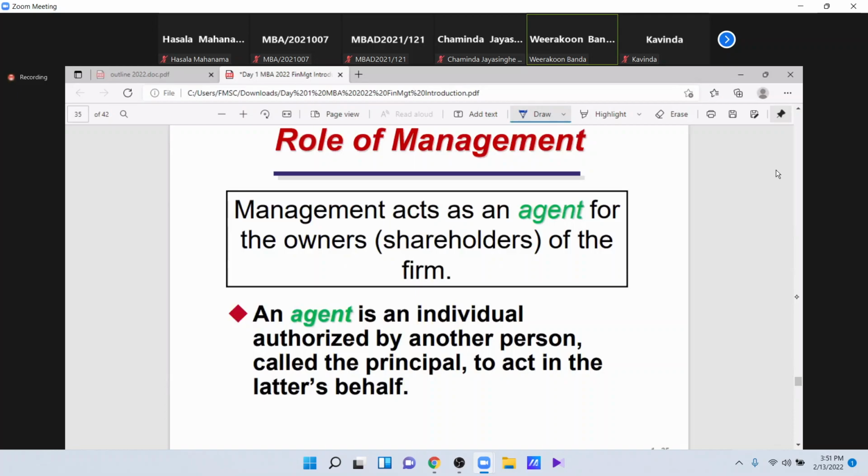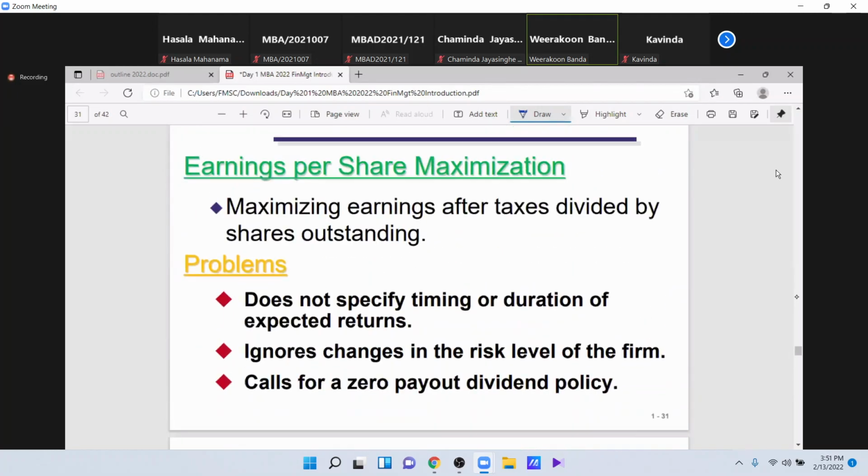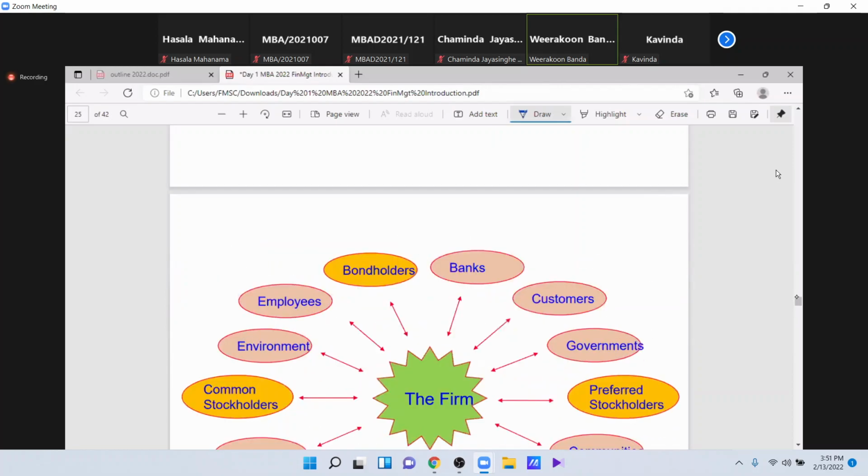Those are the things we are to be concerned with under the introduction part.